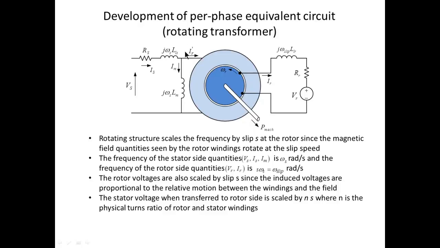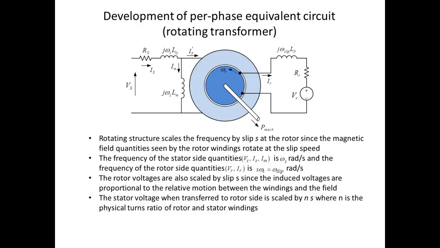The reason is when you apply balanced currents in the stator windings, it creates a rotating field that rotates at the velocity of omega s. So the frequency of rotation, or the speed of rotation seen by the stator windings, is the full omega s.